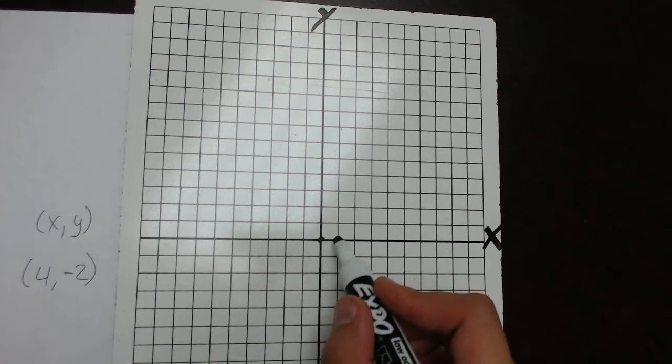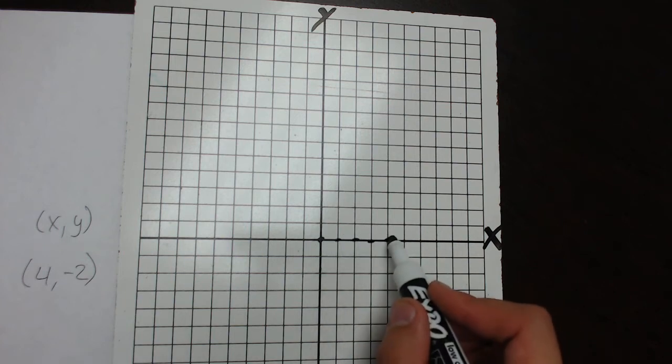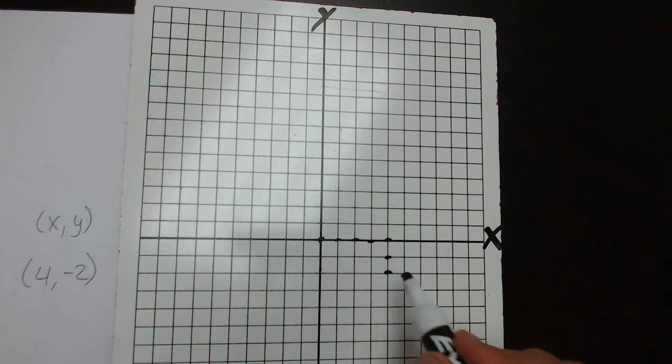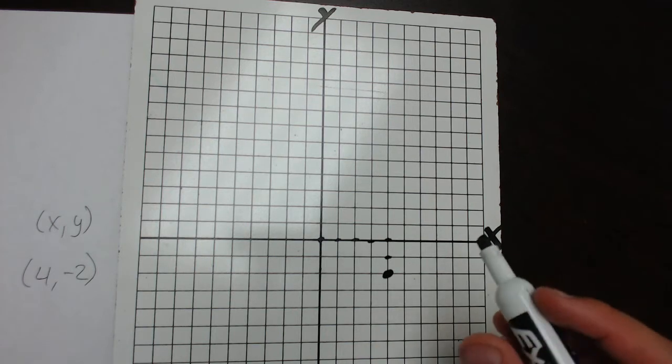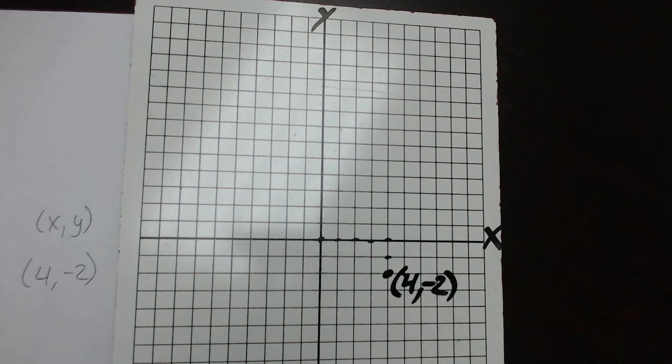So, if x is positive, I'm going to move to the right. 1, 2, 3, 4 spaces. Now, y is negative 2, so I'm going to move down 1, 2 spaces. This point right here is the point 4, negative 2.